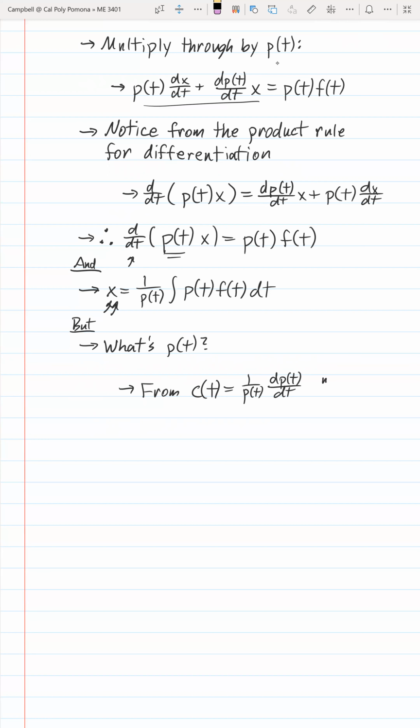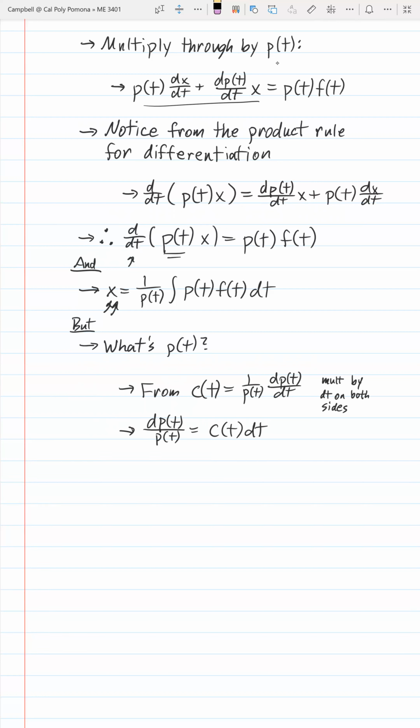Let's just put it up here. And then that leads us to dp of t over p of t is equal to c of t dt.